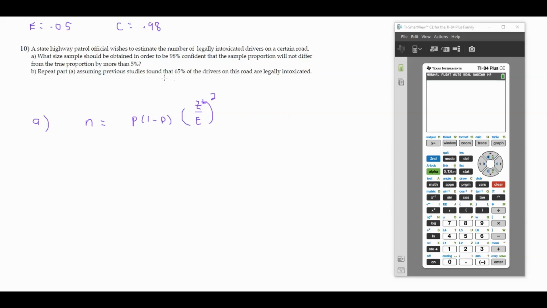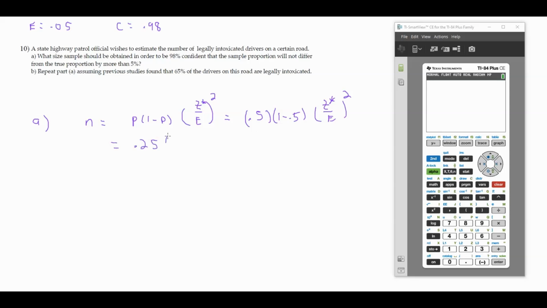But notice in part A, it doesn't give me any idea what P might be. Now in part B, it says assume that it's 0.65. If you have no prior estimate, then what you do is you assume that P is 0.5. Well, 1 minus 0.5 is 0.5, and 0.5 times 0.5 turns out to be 0.25.